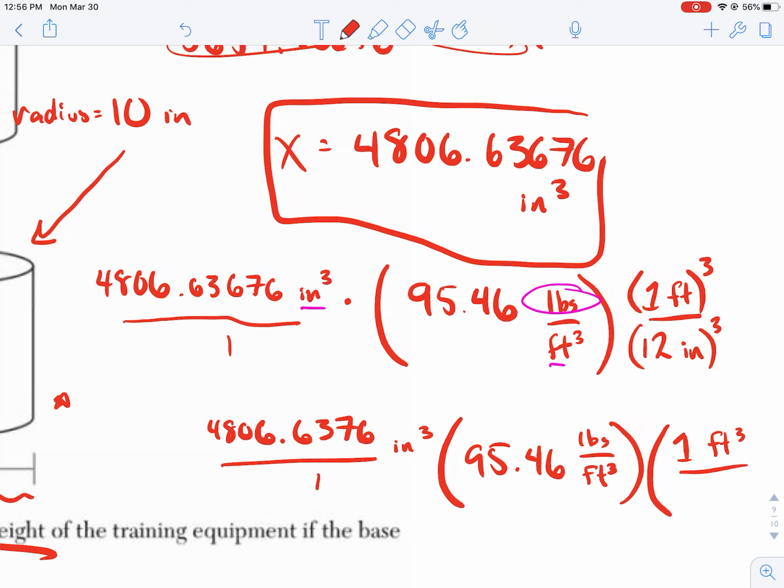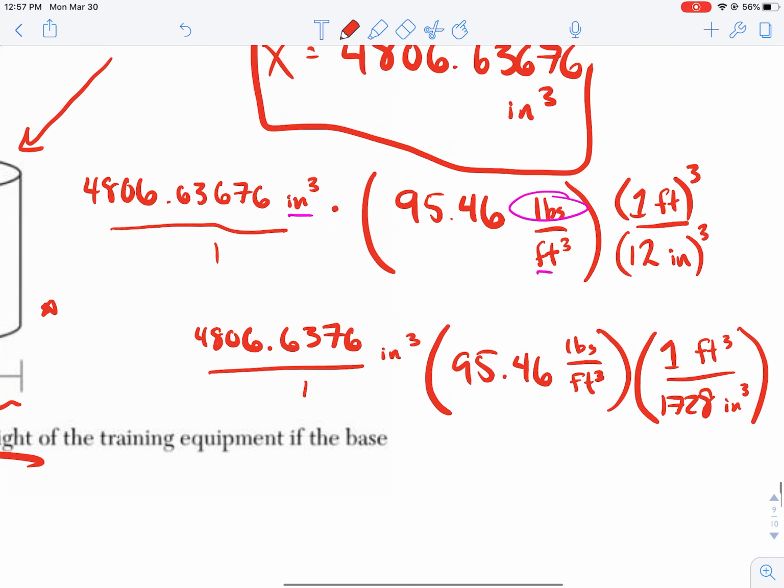And now I have 1, because 1 cubed is just 1, so I have 1 foot cubed. And then 12 cubed is, I don't know that off the top of my head. Do you guys? I don't. 1728 inches cubed.